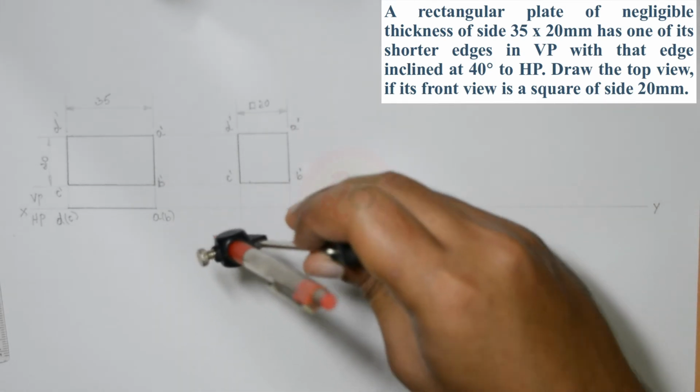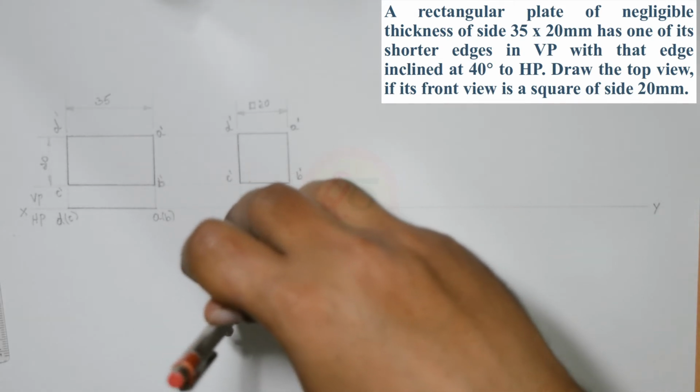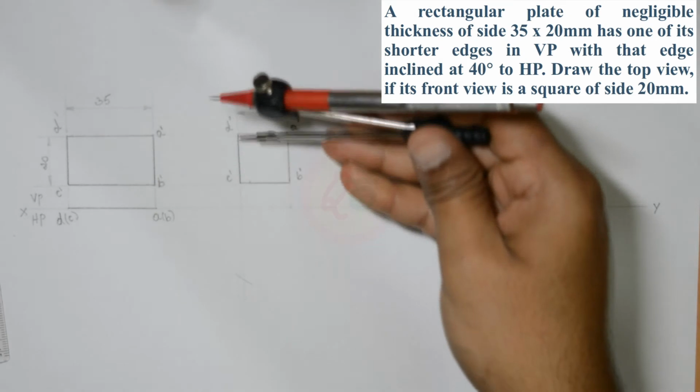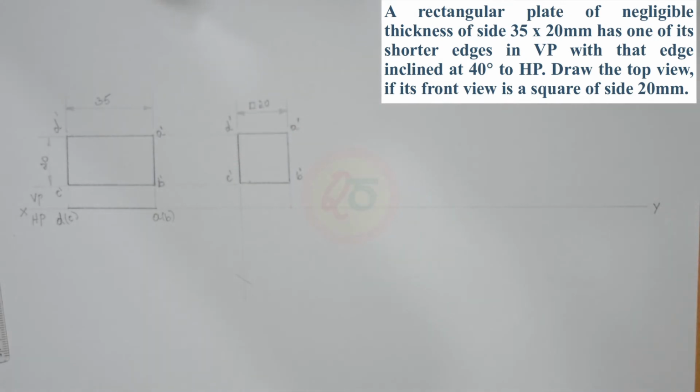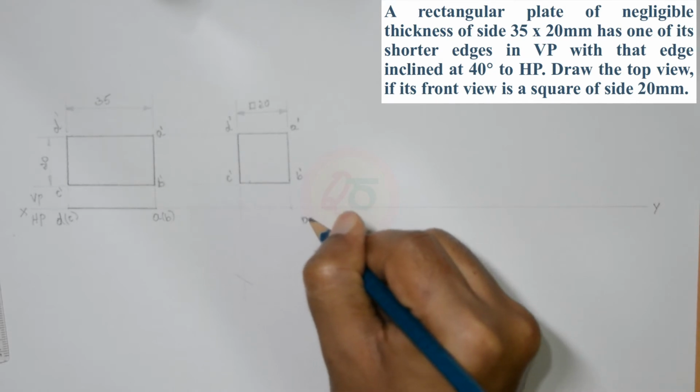Keep your compass needle end and cut an arc to intersect the projection line from C dash D dash of the front view. Now the projection line intersection to the XY line will be the points A and B, which are the resting edge.